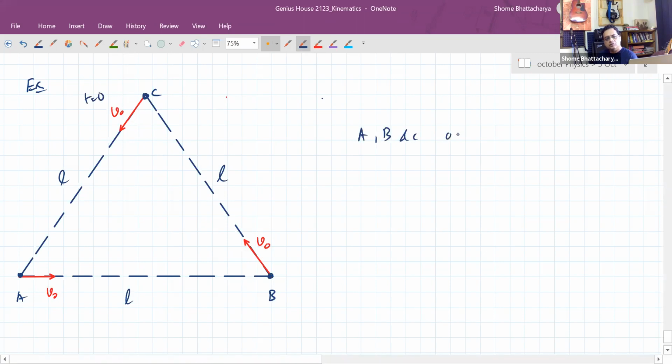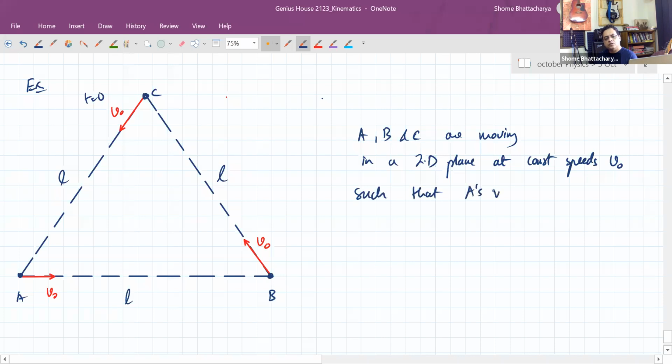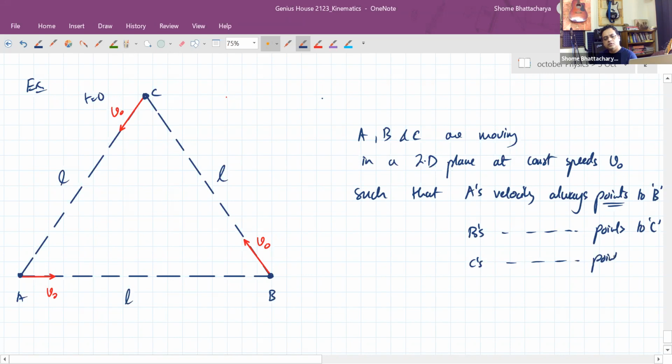A, B, and C are moving in a two-dimensional plane at constant speeds v0, such that A's velocity always points to B. Similarly, B's velocity always points to C, and C's velocity vector always points to A, starting from the position shown at t equal to 0.